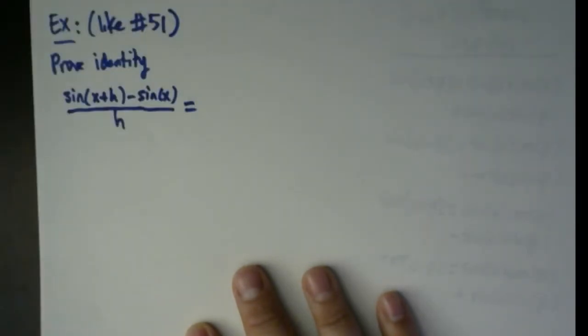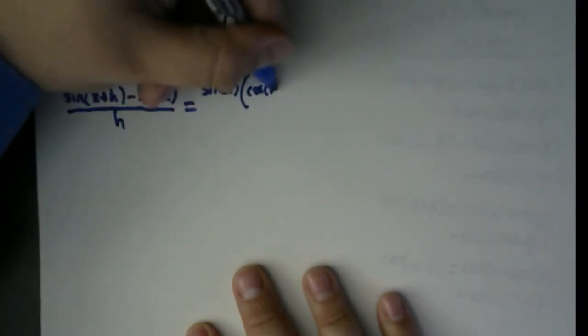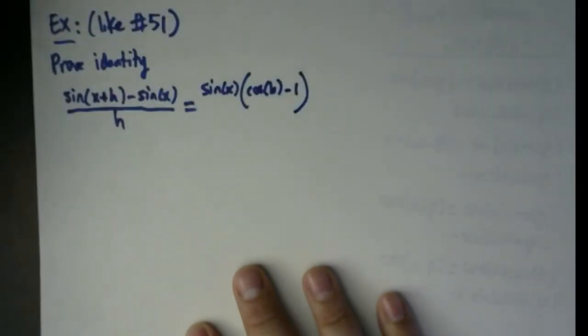It says prove the identity, and in this case it's sine of x plus h minus sine of x, over h, equals, and I should get, sine x times cosine of h minus 1, plus sine of h cosine x.